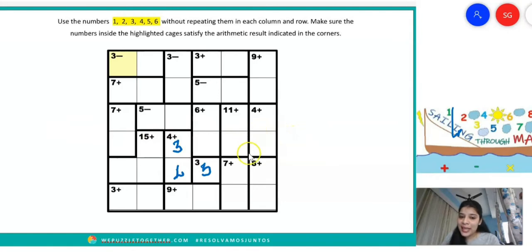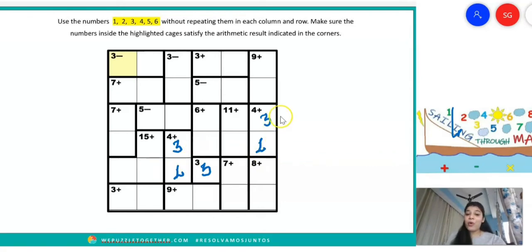So can I say that the number 3 cannot come here? Why can't number 3 come here? Because we have already placed it in the fourth row. So if number 3 can't come here, what's the number which is going to come here between 1 to 6? The number which is going to come here is going to be equal to 1. So let me place the number 1 here and then automatically 3 is going to come here.